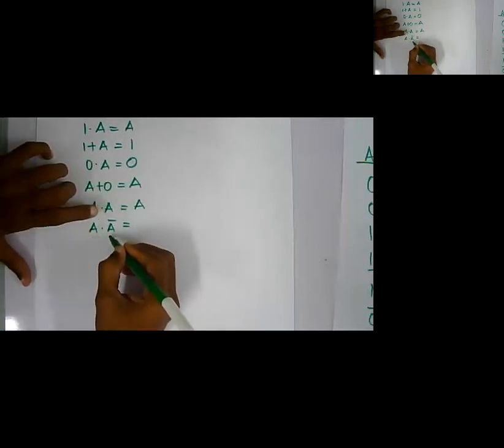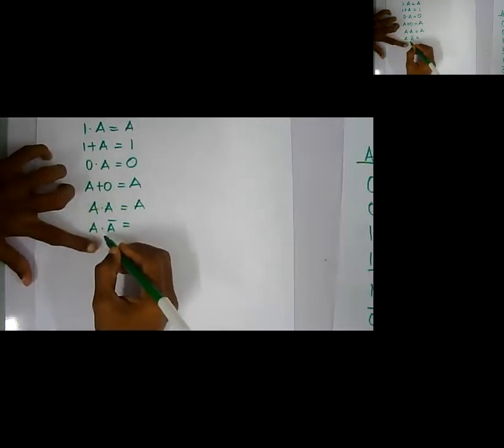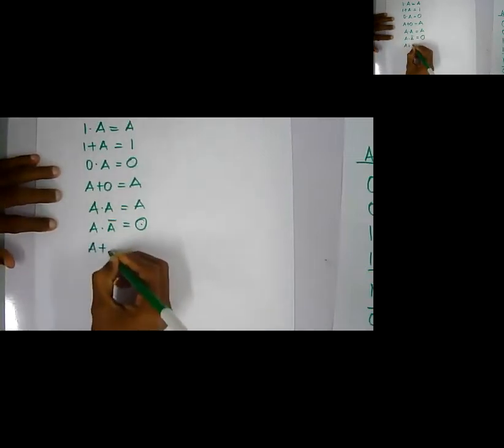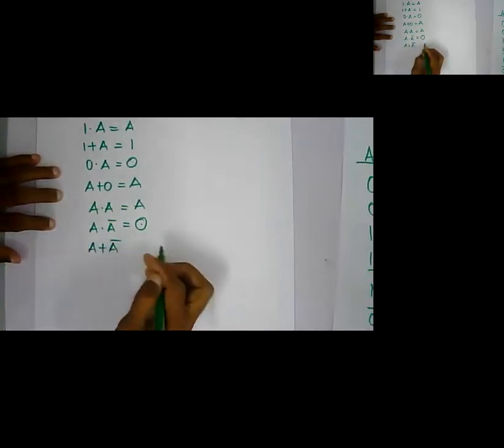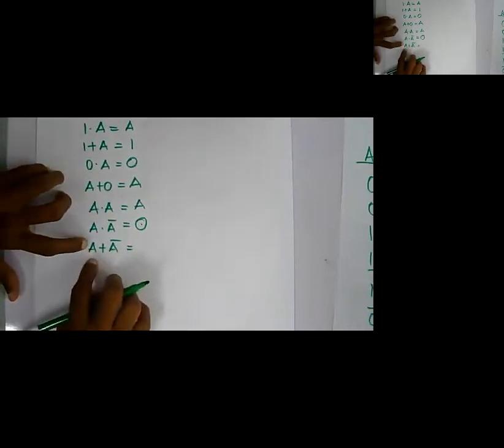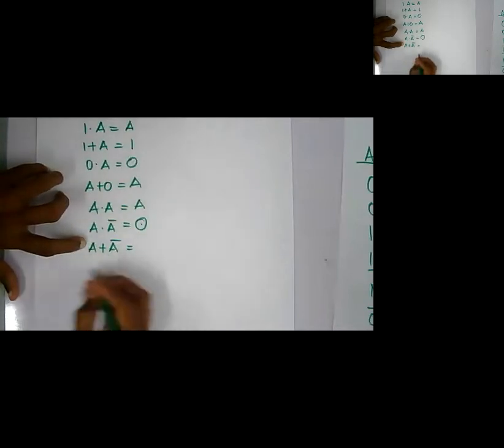Then 1 dot 0 or 0 dot 1. In both cases, a dot a bar becomes 0. Similarly, a plus a bar could be 1 plus 0 or 0 plus 1. In both cases, my output is 1.